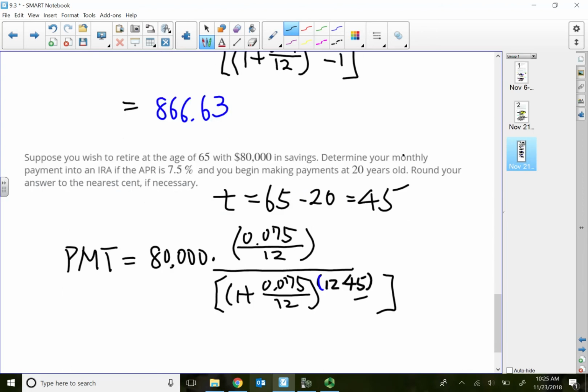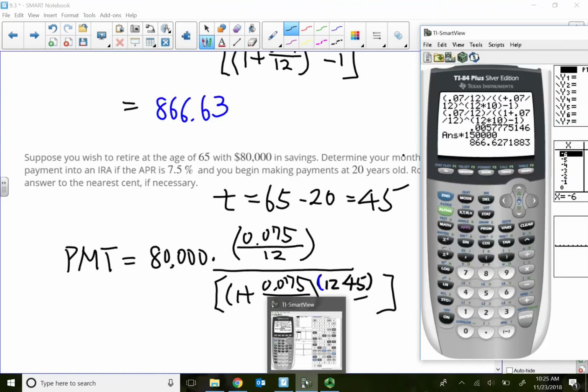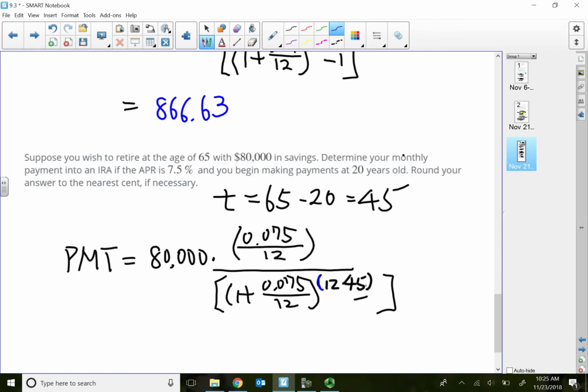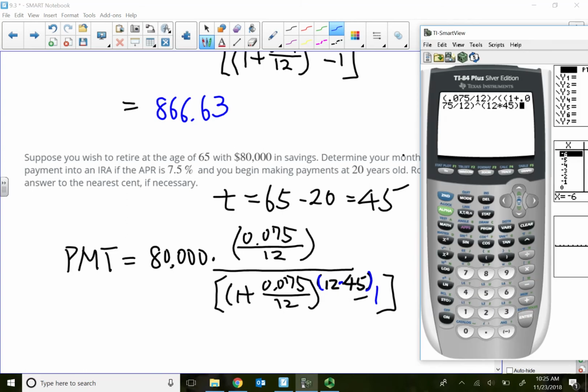All right, so let's see. Open parenthesis, 0.075 divided by 12, close parenthesis, then divide, open bracket, open parenthesis, 1 plus 0.075 divided by 12, close it, exponent, open blue parenthesis, 12 times 45, minus 1, close bracket.